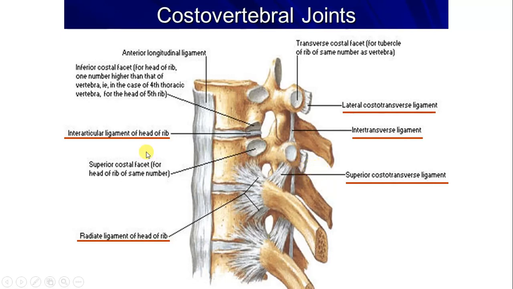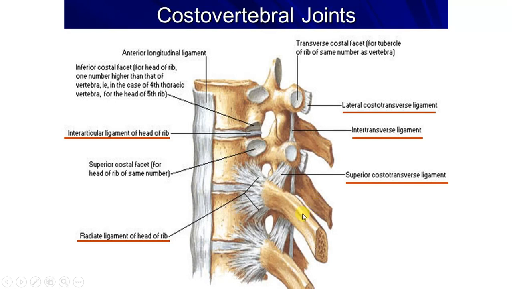In this slide the ligaments have been shown more clearly, so you can see the lateral costotransverse ligament from the lateral side of the transverse process. Then here is the superior costotransverse ligament, between the superior part of the neck and the cranial vertebra above.